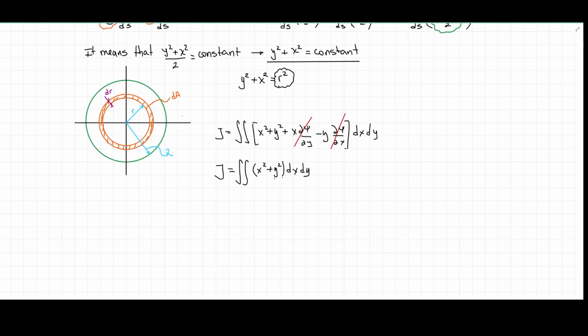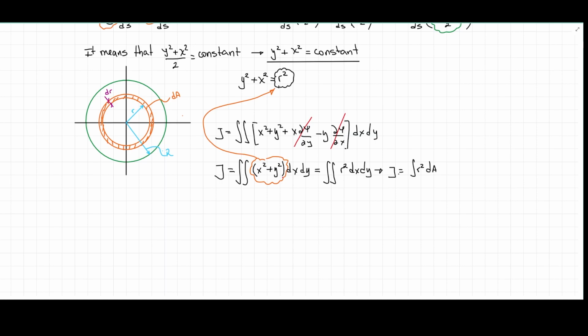But dx dy represents the area of the element, and we have said that this is equal to the radius squared of the circular section. So I can write this as the double integral of radius squared times dx dy, and I can reduce that even more by saying that J equals the integral of radius squared times the differential area.